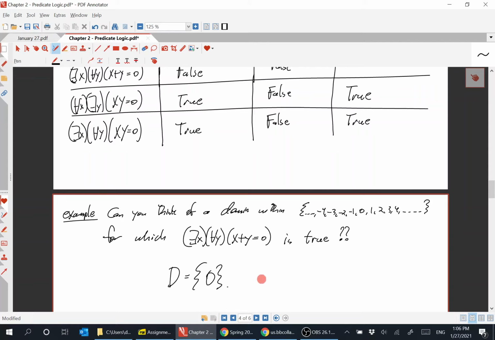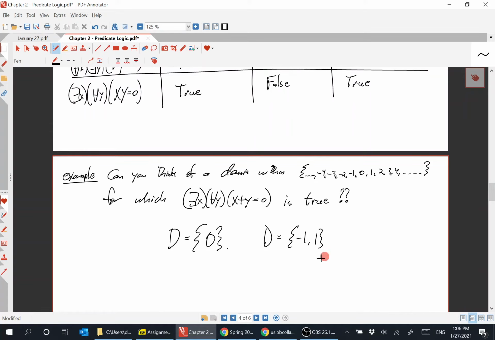Not even something like this: D equal to, say, -1, 0, 1. Or just say -1 and 1. Right? So even this is the only domain that works.